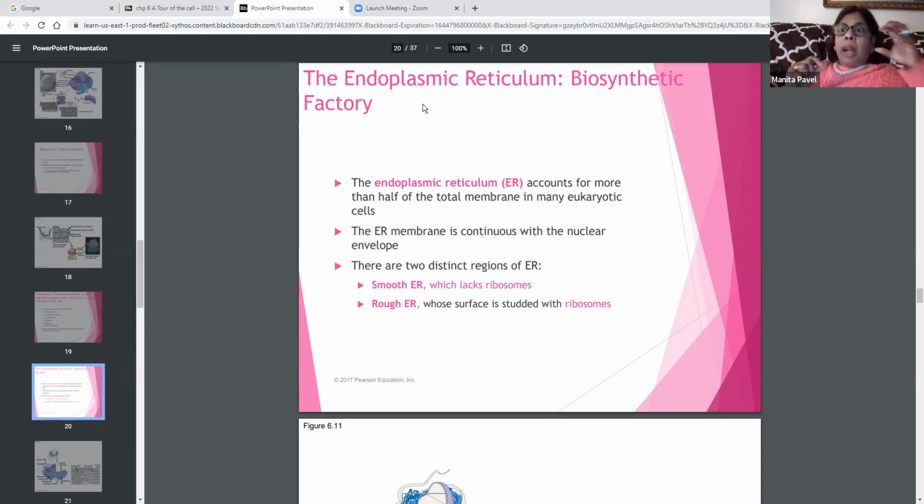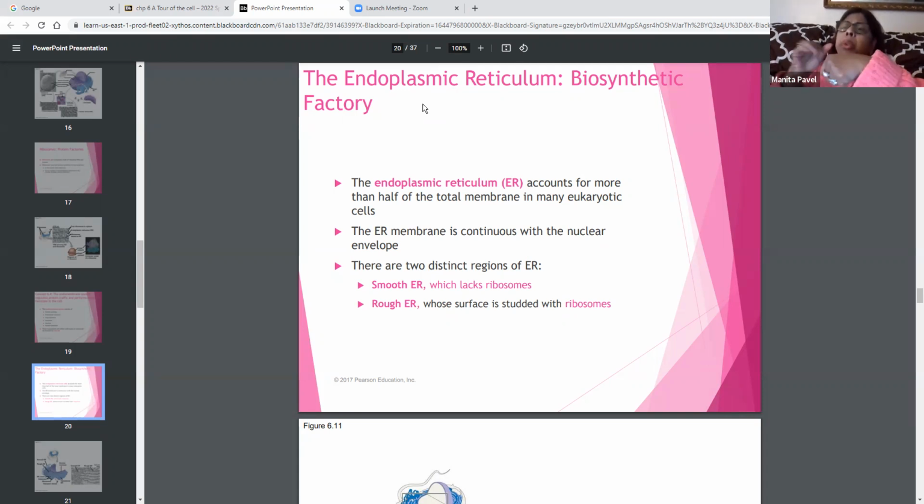Rough ER is so called because the outer surface is rough because ribosomes are present. So rough ER, ribosomes present, immediately connect the function to protein synthesis. Therefore, ribosomes are referred to as the factories of the cell because the moment you see ribosomes, it is the site or location where proteins would be synthesized.